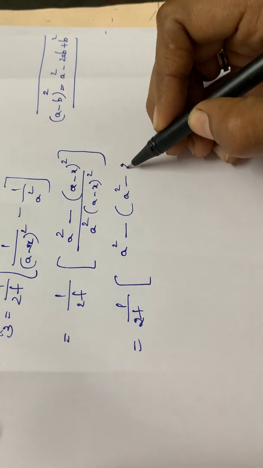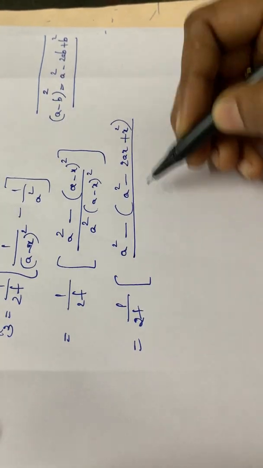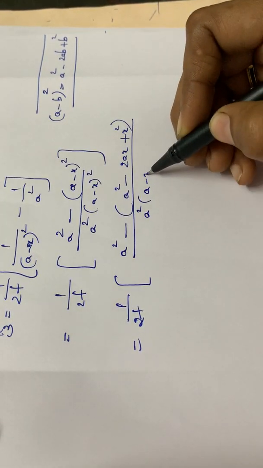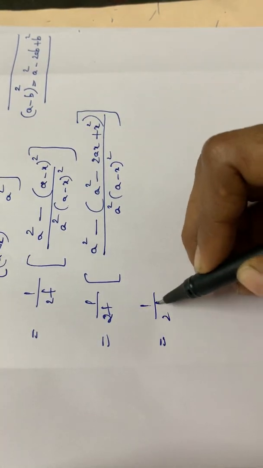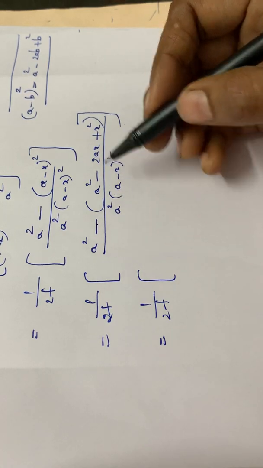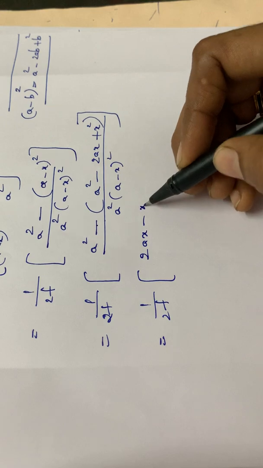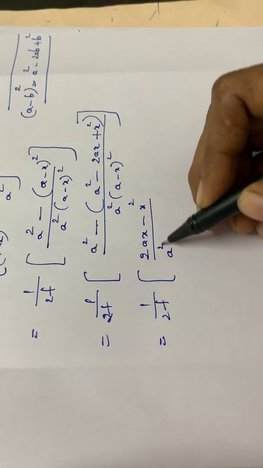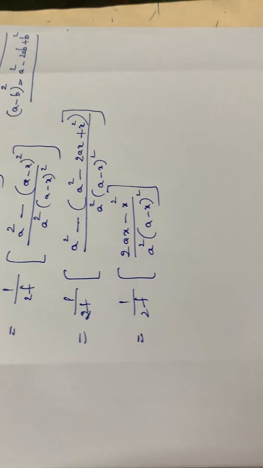So a square minus 2ax plus x square, the whole divided by a square into (a minus x) the whole square, that is equal to 1 by 2t into a square minus a square got cancelled, then minus of minus 2ax becomes plus 2ax, then minus x square. So 2ax minus x square divided by a square into (a minus x) the whole square.